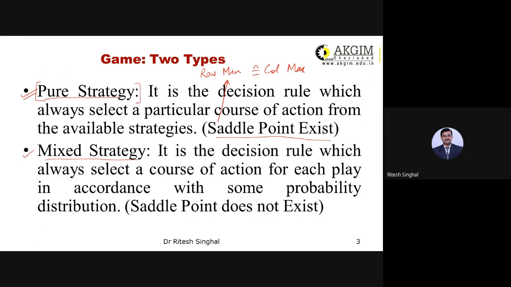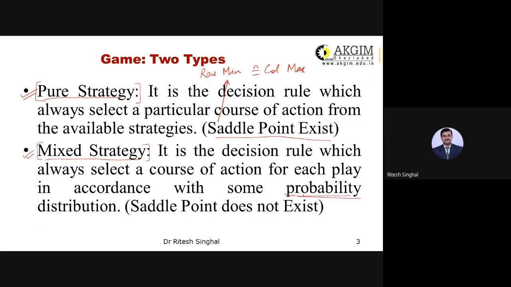But in case of a mixed strategy game, it is advised to the players that they should not use a single strategy, but use the strategies in a mixed format, like sometimes use strategy one, sometimes use strategy two, with some probability also. So in a mixed strategy game, the decision rule always selects a course of action for each of the players in accordance with some probability distribution.